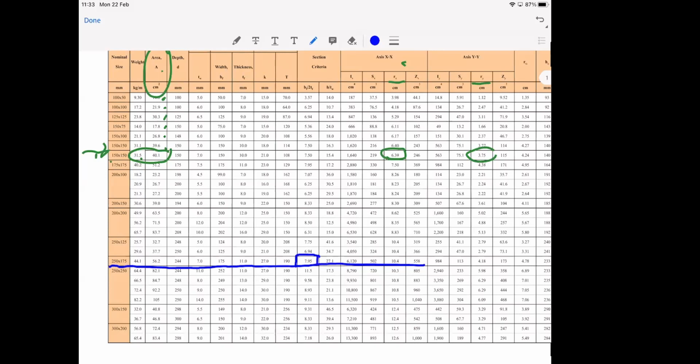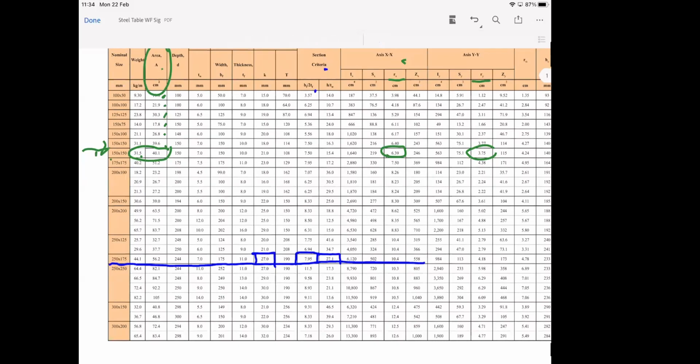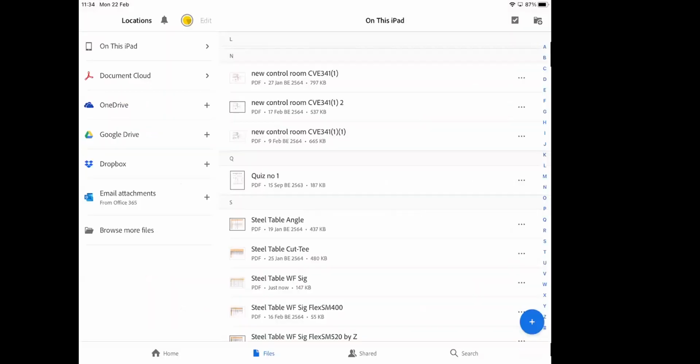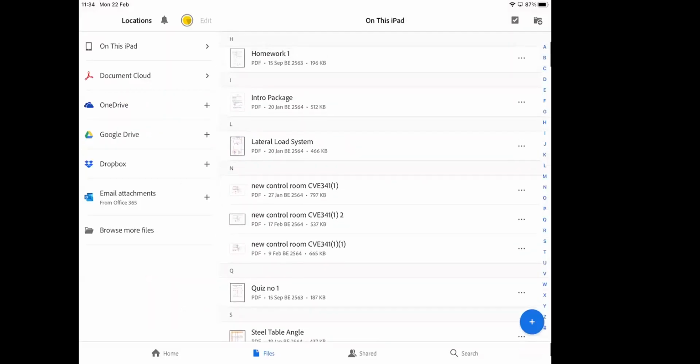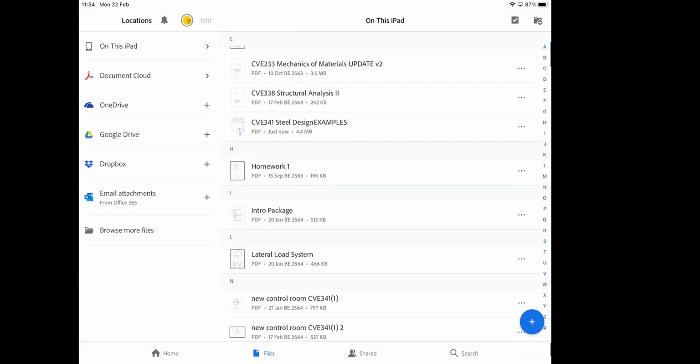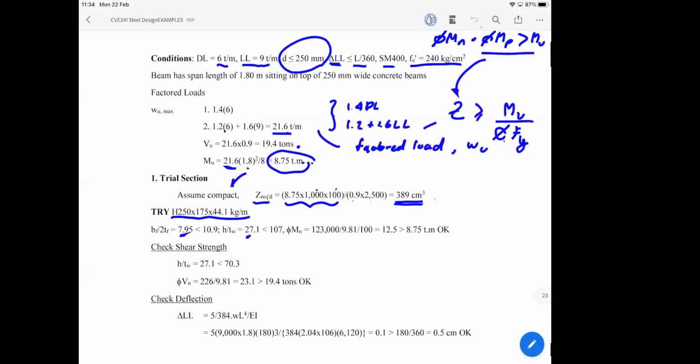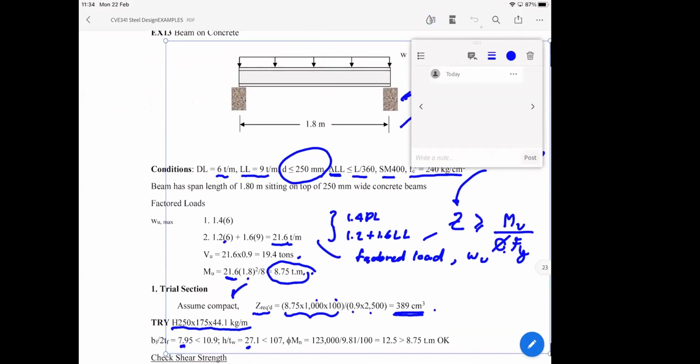That's the bf over 2tf, and then h over tw is 27.1, and we're going to use k in our design as well, so you might as well remember that it is equal to 27 millimeters. Okay, so with that, we are going back to our design examples. Okay, so that's our bf over 2tf and h over tw.